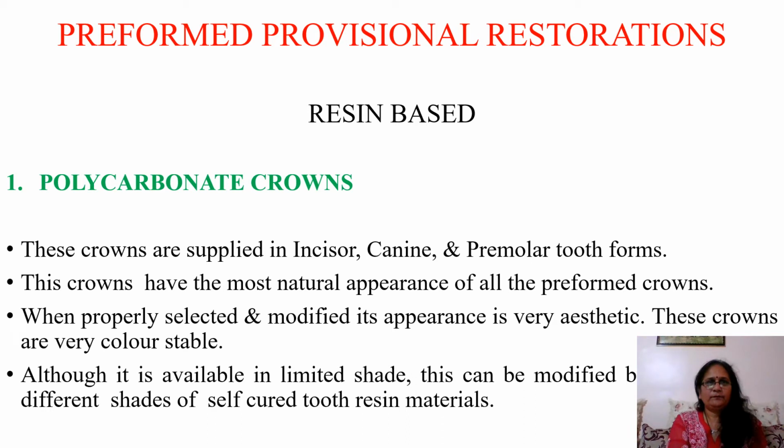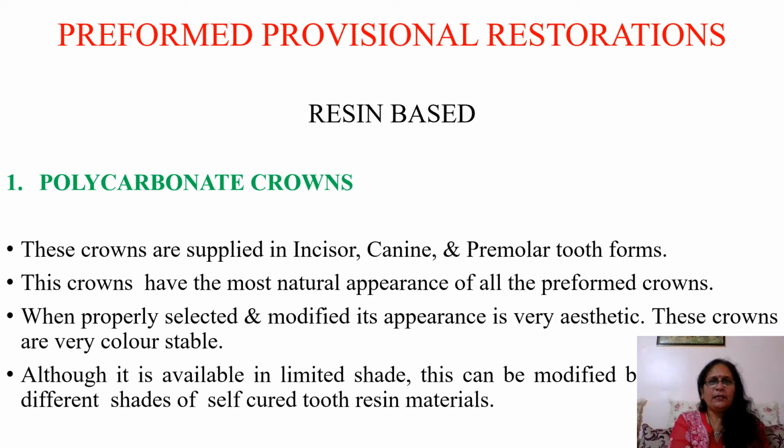Polycarbonate crowns. These crowns are supplied in incisor, canine and premolar tooth forms. These crowns have the most natural appearance of all the preformed crowns. When properly selected and modified, their appearance is very aesthetic. These crowns are very color stable.